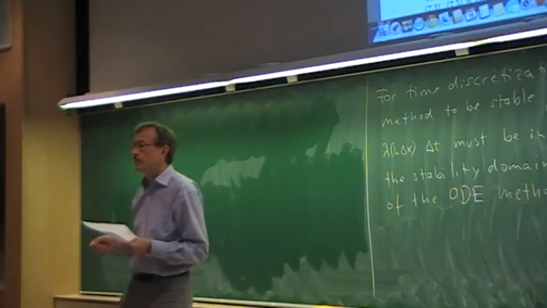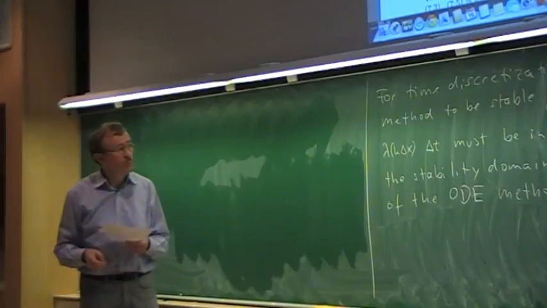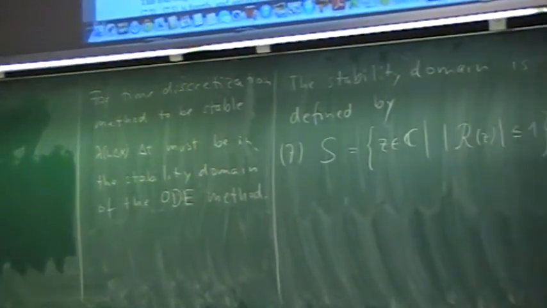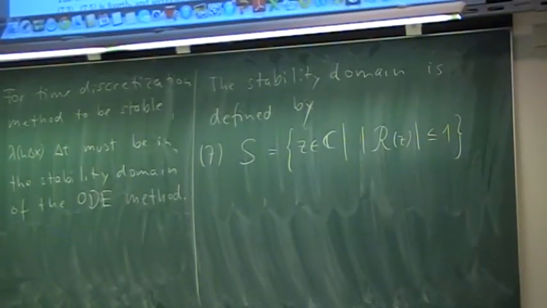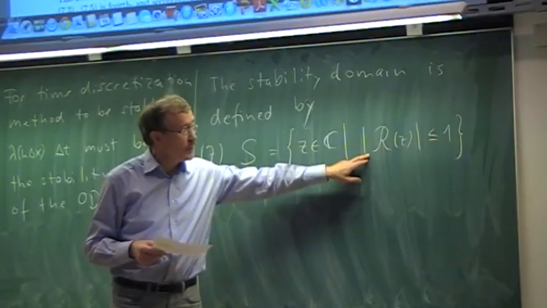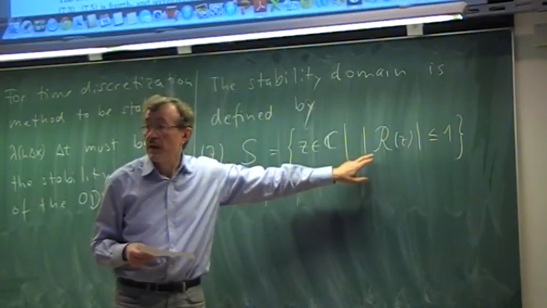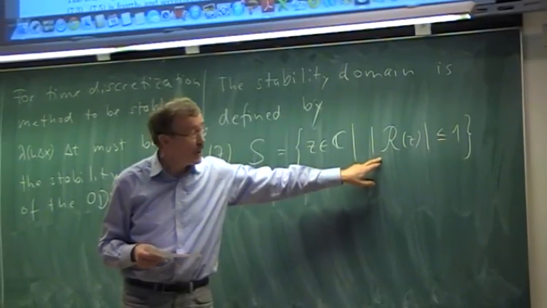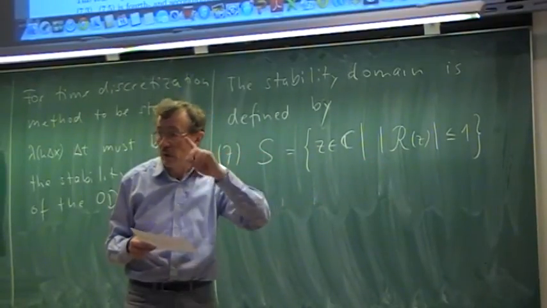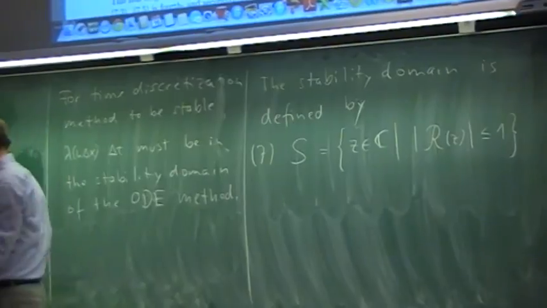Yes? Can you explain number 7 again? I think it is the set of all complex numbers for which this stability function in absolute value is smaller or equal 1. So I have to explain that first. Okay. And that's what we do. And then we see examples, then I think it gets clear. Just wait a little bit.